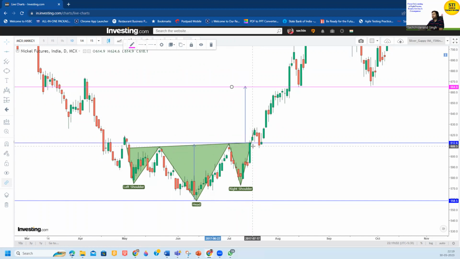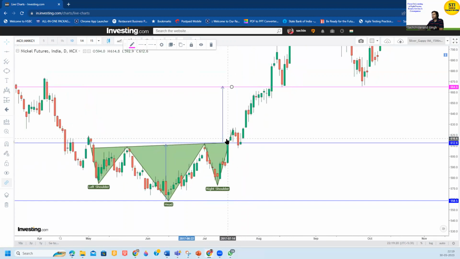That means I will buy the stock first and then sell it later, whatever the script is. So this is my ideal entry point on this particular candle. Not basically this one; I need to wait for the complete breakout. So this second candle, where the complete breakout has happened the next day, is where I can take an entry.